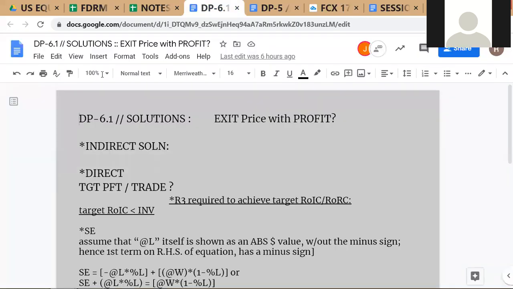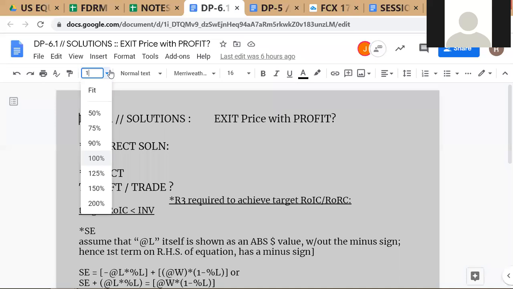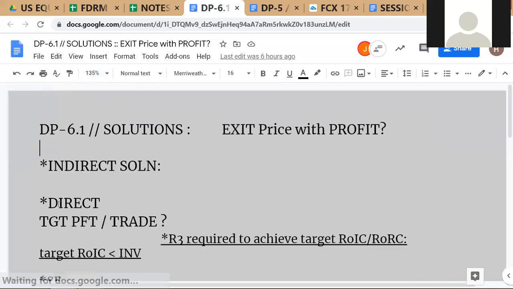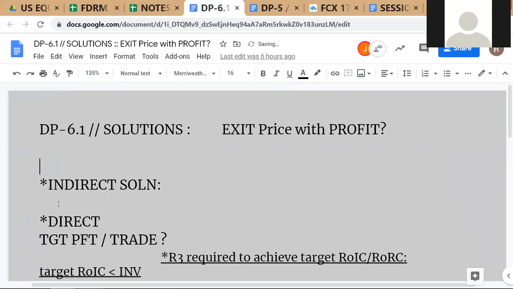I will clean up these notes a little bit later, but we'll understand it basically. There are two solutions.